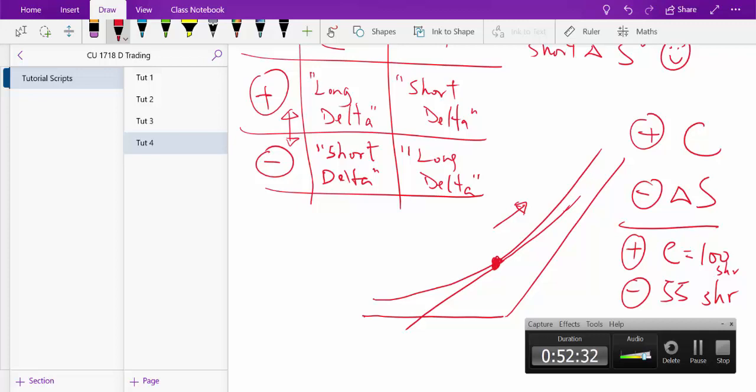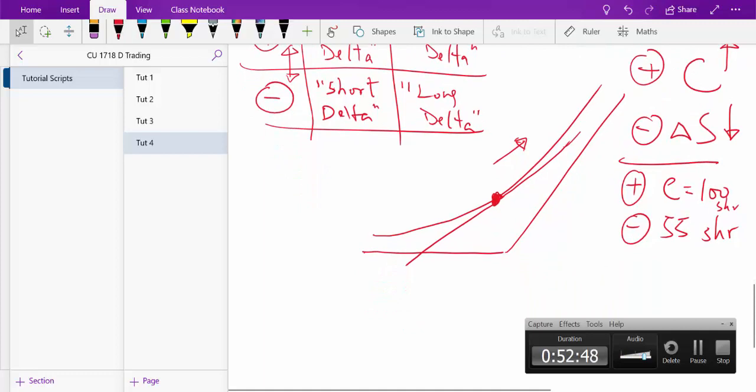So when the market goes up, you make money from your call, but you lose money from your short position. So you end up what we call delta neutral, okay? You are approximately immune from market movements.